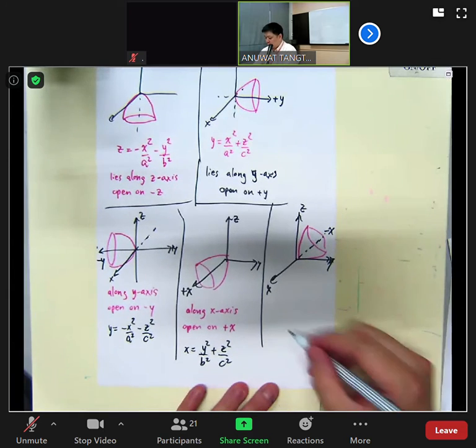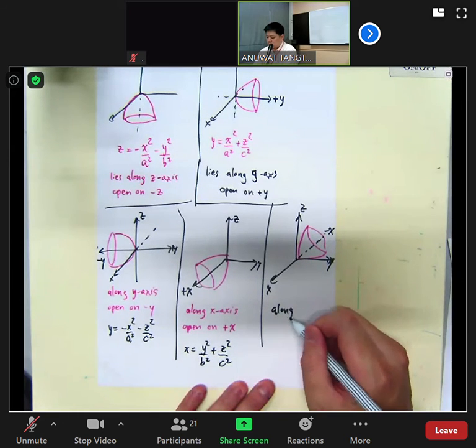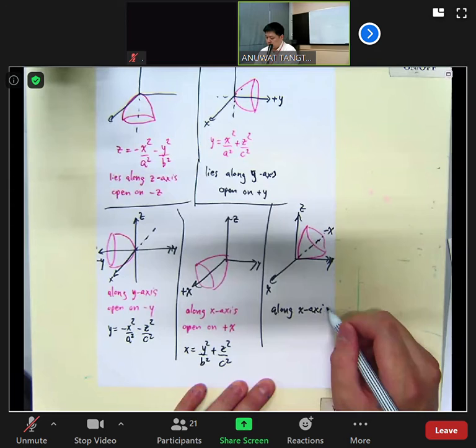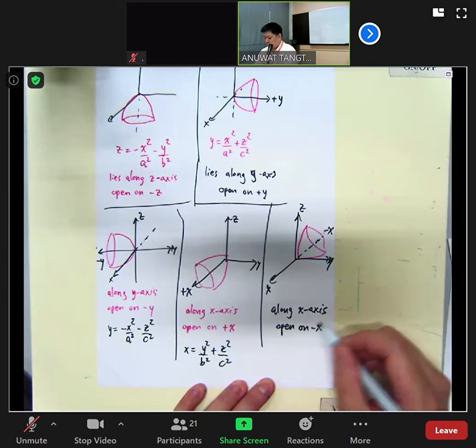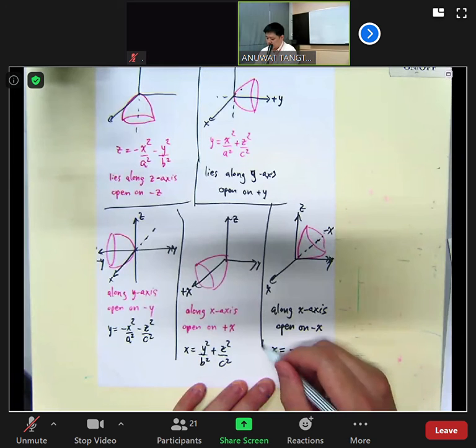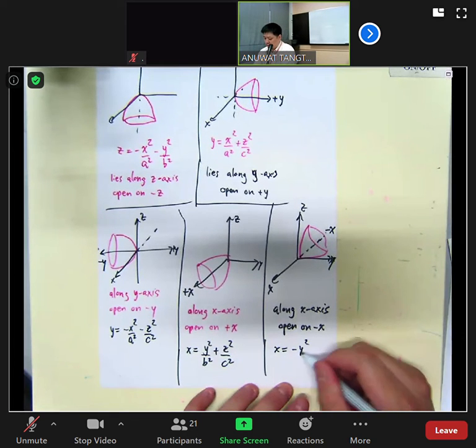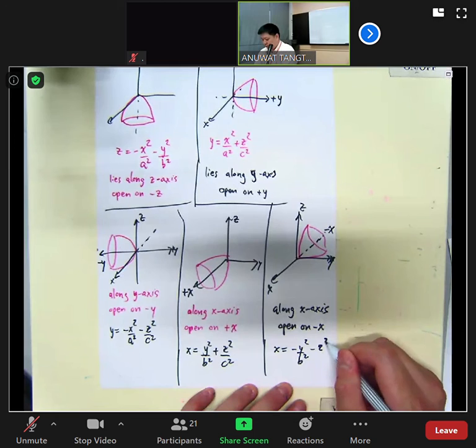And for this one, it lies along the x-axis but opens on negative x: x equals minus y squared over b squared minus z squared over c squared.